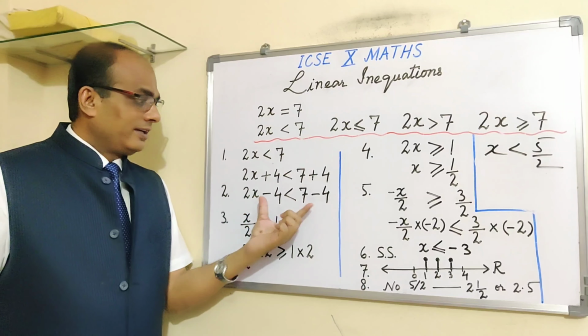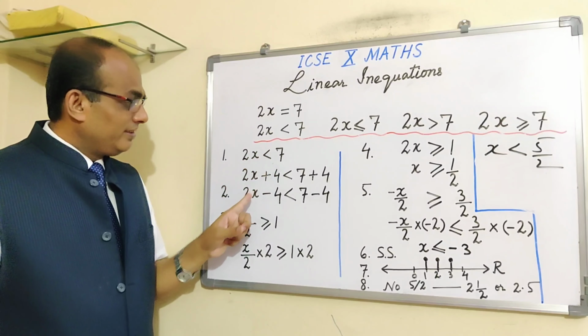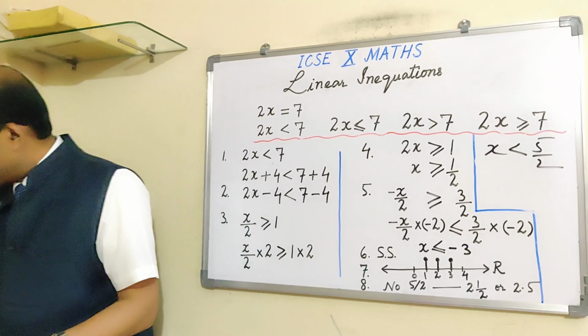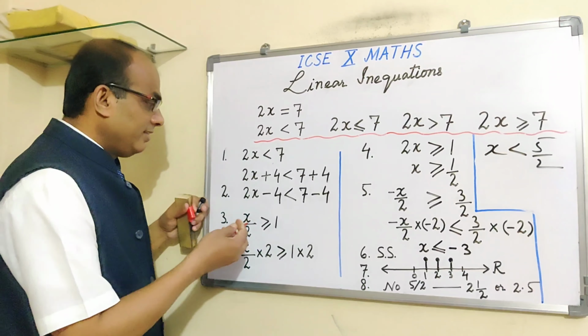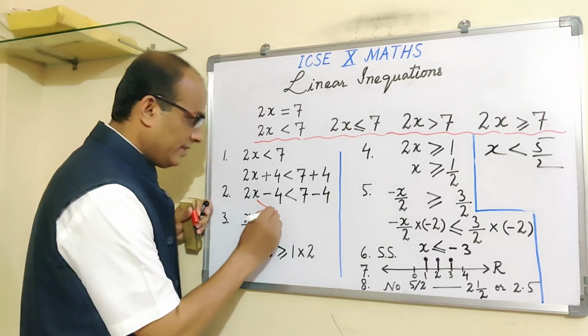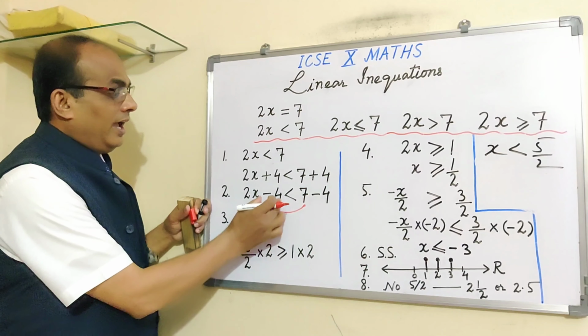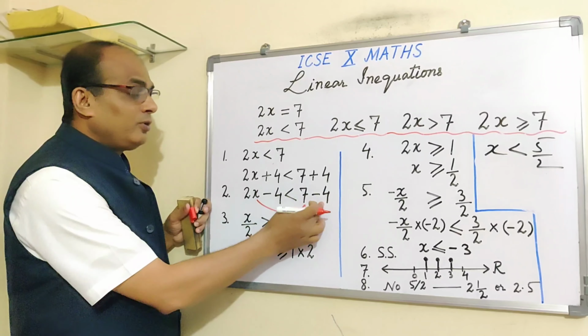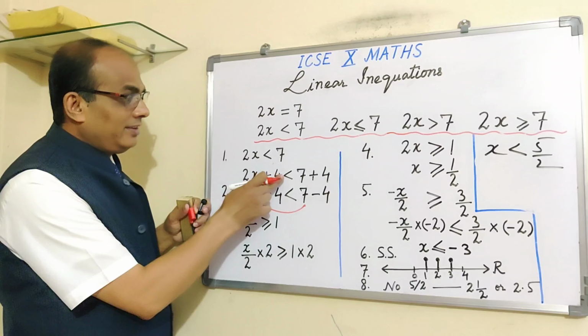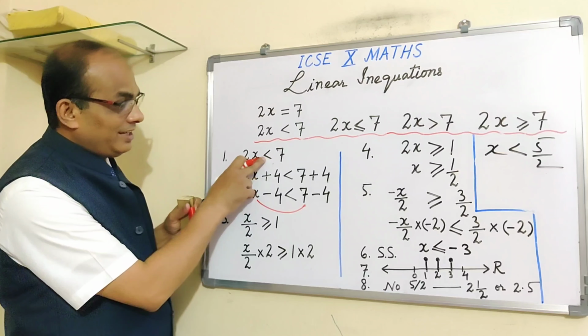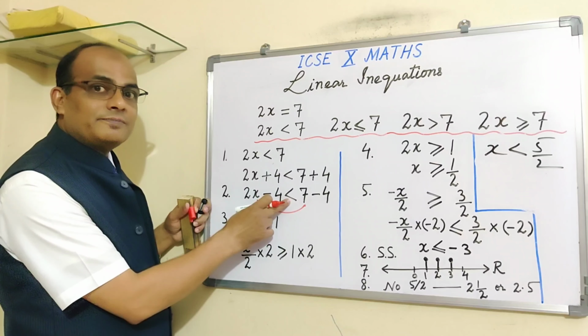Here we are subtracting. The same inequation I have taken, 2x is less than 7. I am subtracting 4 from both sides. See, the inequality is less than, and it remains is less than.